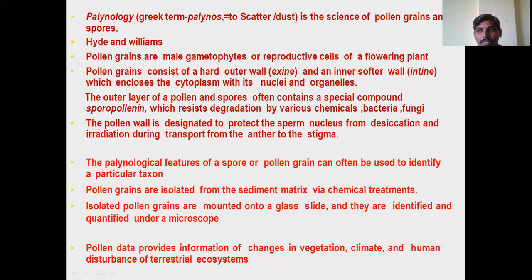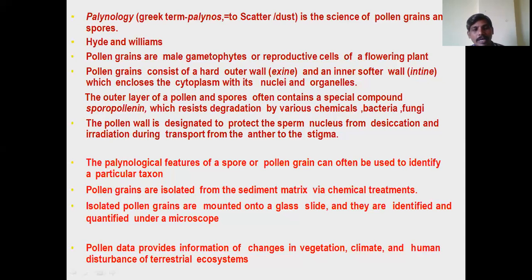The superficial surface structure is observed and studied by scanning electron microscope only. Pollen data provides very valuable information to plant systematics, and this information also reveals changes in vegetation, climate, and human disturbance of terrestrial ecosystems.